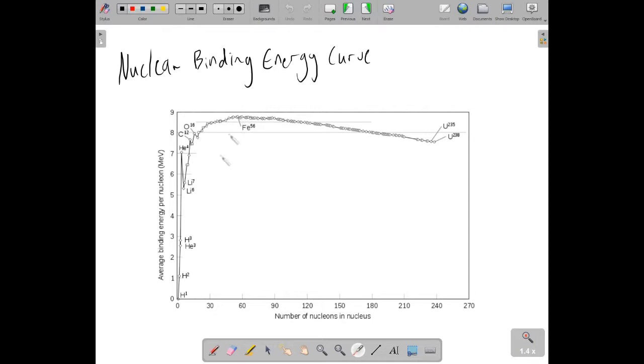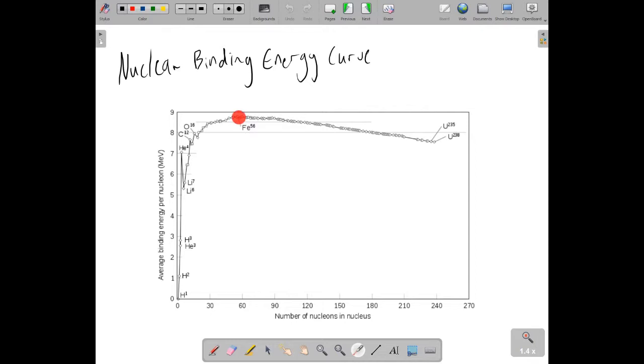So in this part of the curve, you see where energy can be released through nuclear fusion. Taking these smaller nuclei and fusing them together will create larger nuclei that are more energetically stable and will release energy.